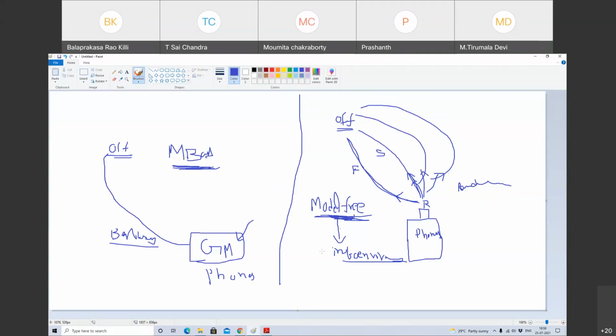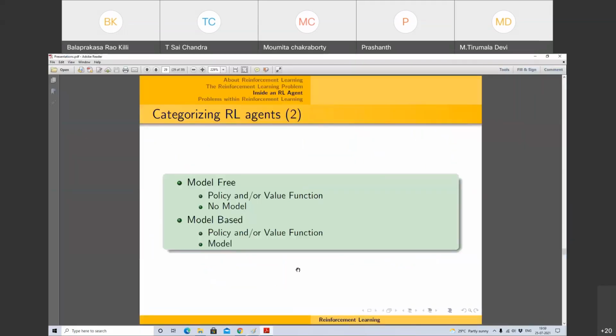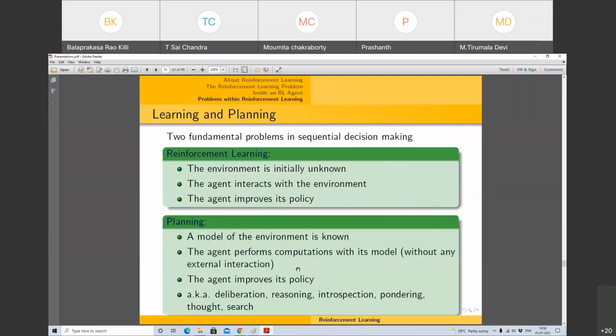Okay, now let me introduce those problems. Generally, in sequential decision making, there are two problems. One is planning, the other one is reinforcement learning. The model-based approach is known as planning, and the model-free approach is known as reinforcement learning. First we'll see the reinforcement learning setting.